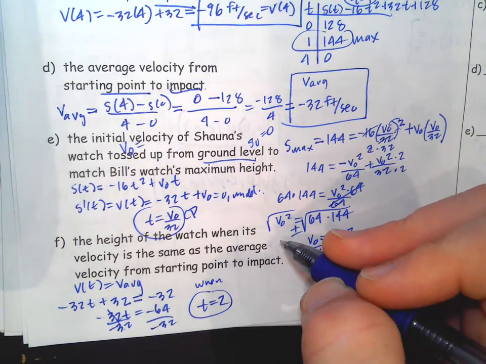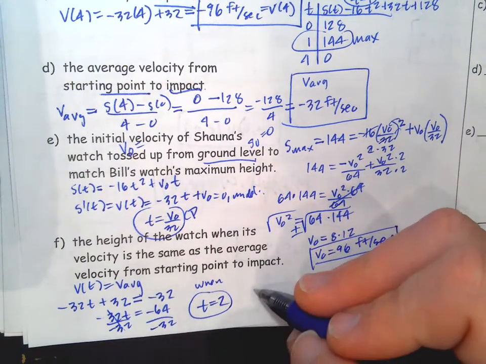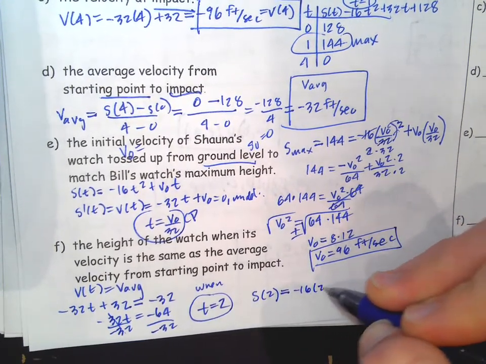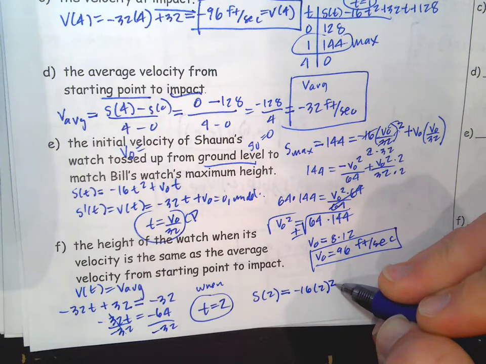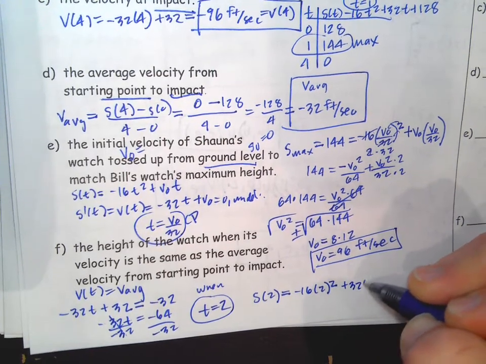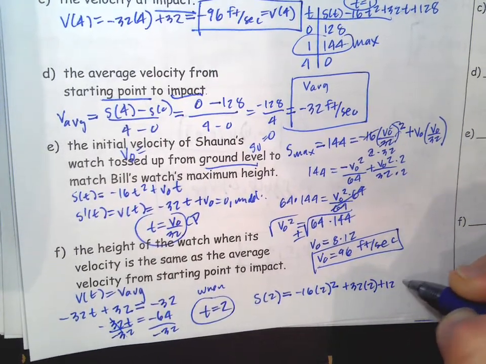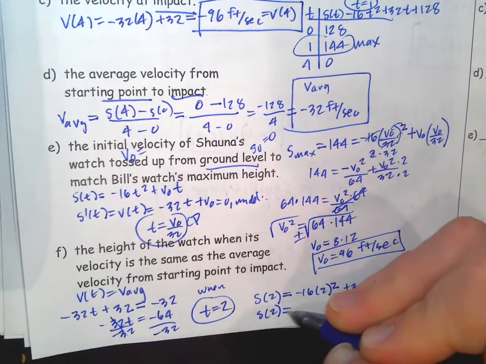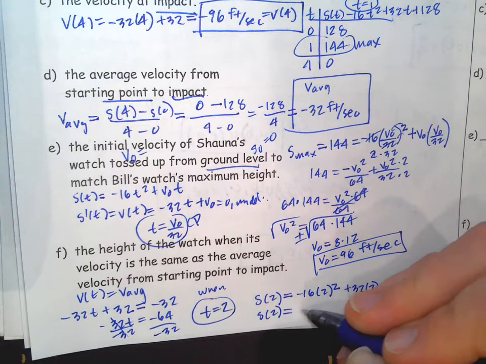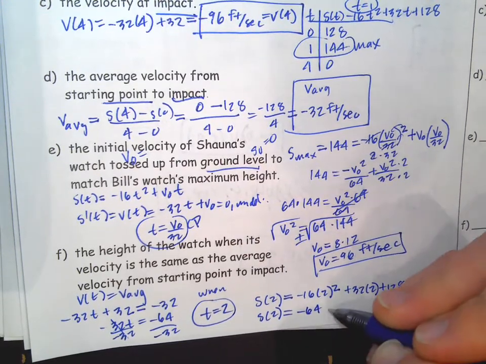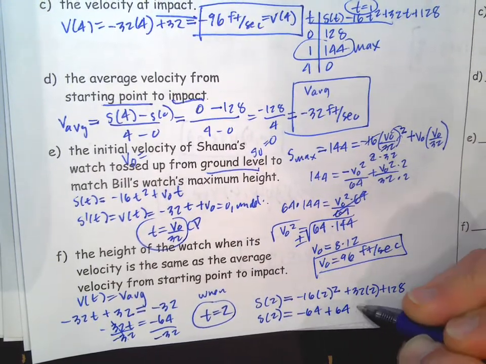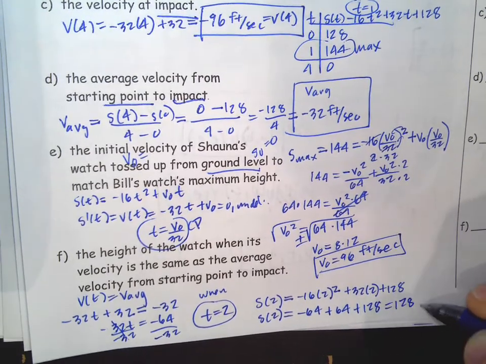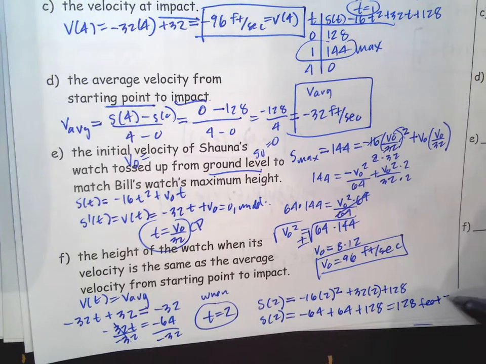But now we need to plug that into the height function, which we found at the beginning. We can figure out what its height is when its average slope equals its actual slope. So this will be negative 64 plus 64 plus 128 equals 128. Feet are the units.